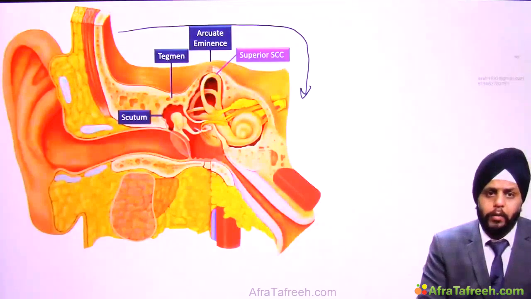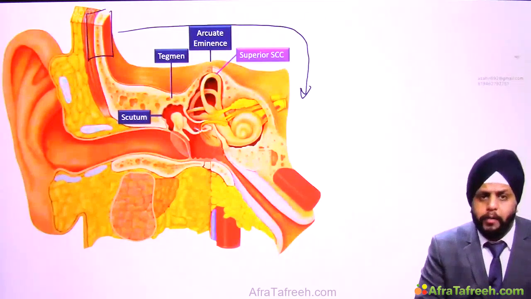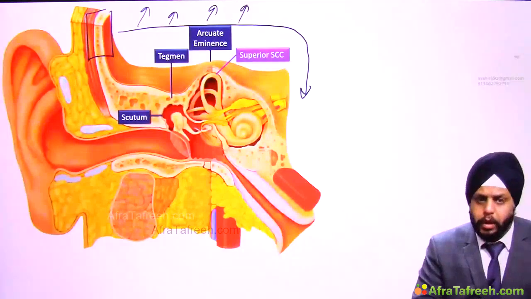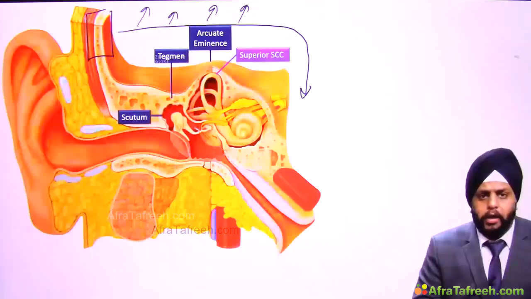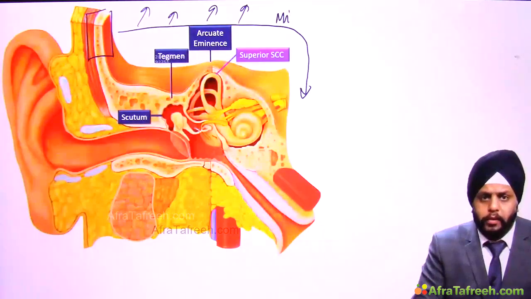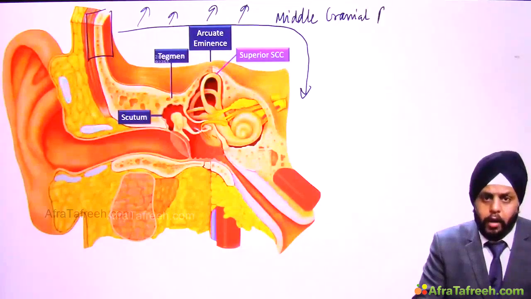You do a craniotomy, make an opening over here, push the brain up along with its meninges, retract it up, and then you go straight to where the nerves are. This approach is known as the middle cranial fossa approach.